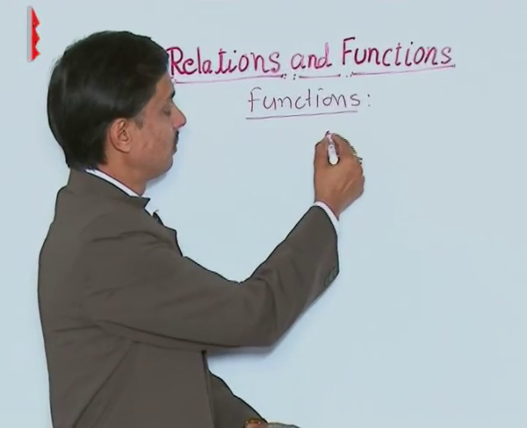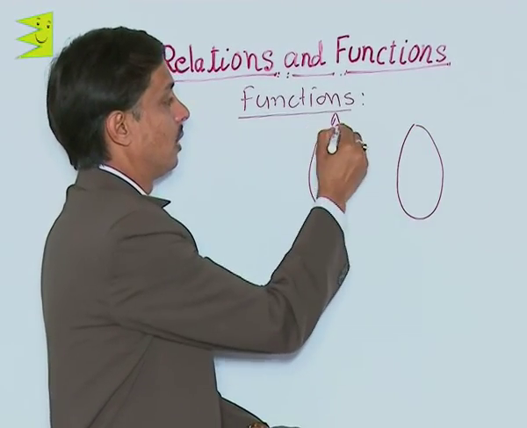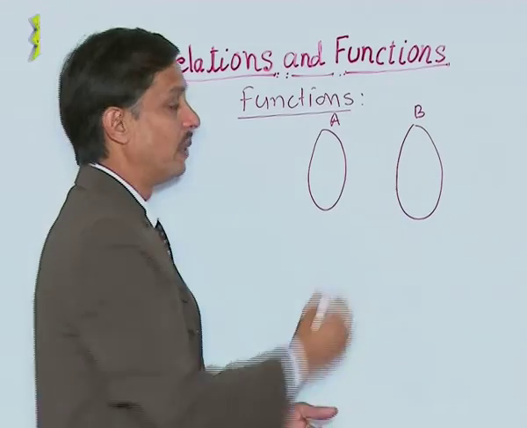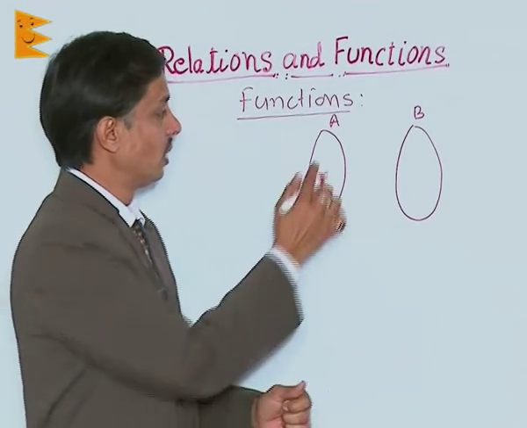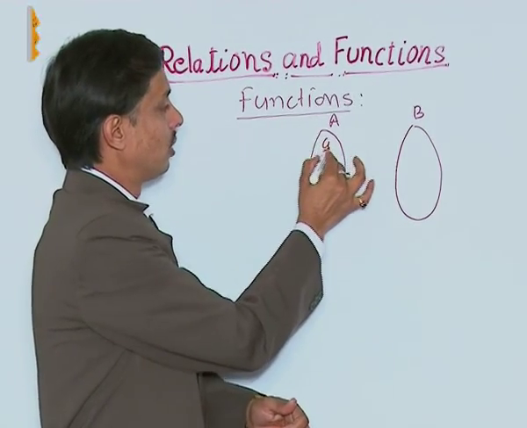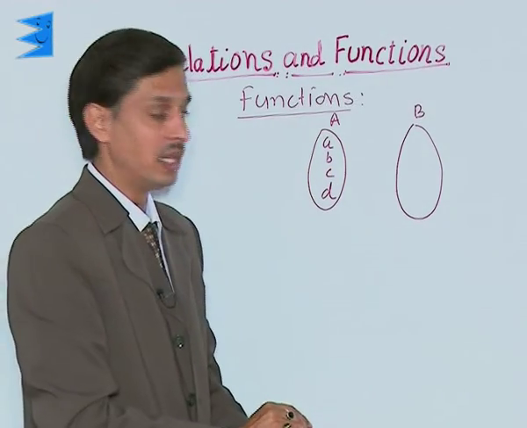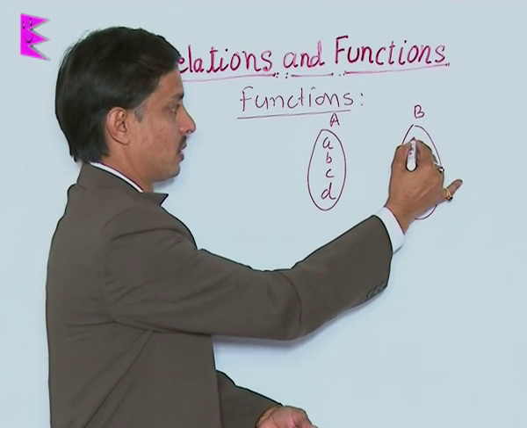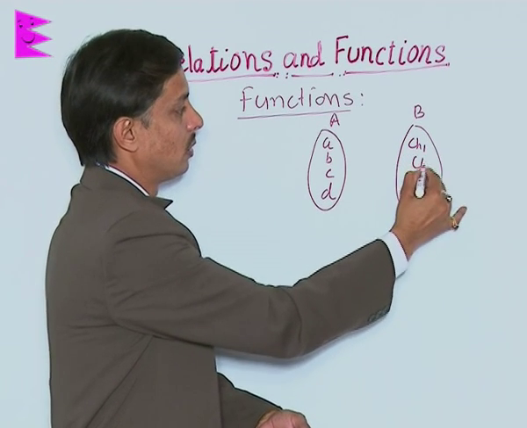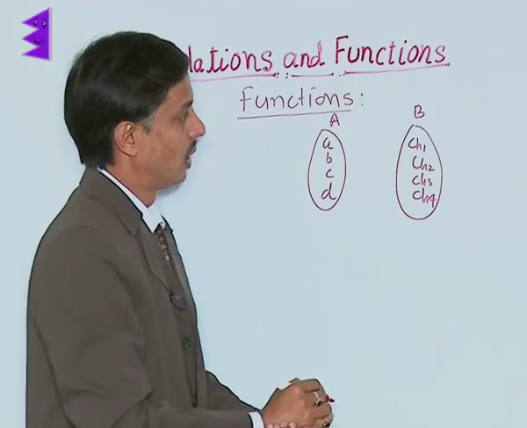If we have two non-empty sets A and B, or in general, say you have invited four friends A, B, C, D, and you have put four chairs here, chair 1, chair 2, chair 3, chair 4.